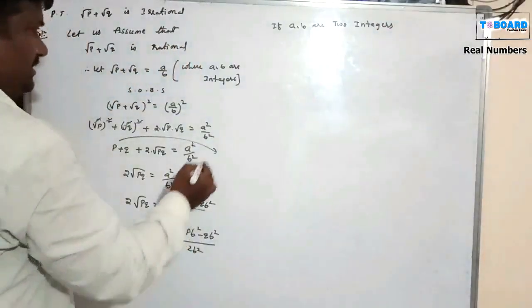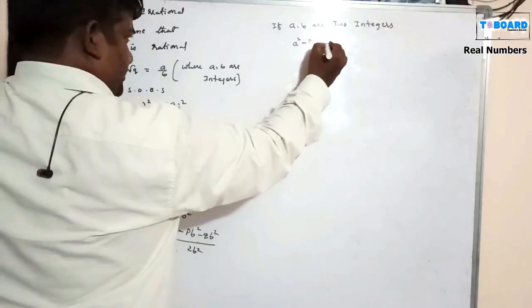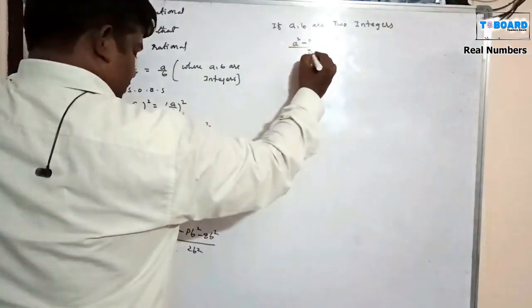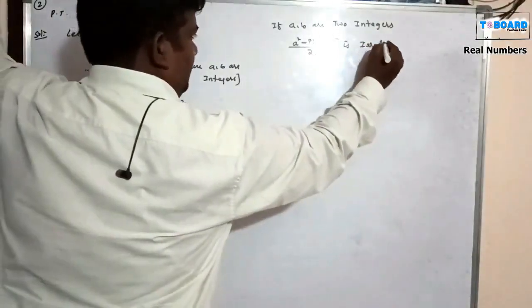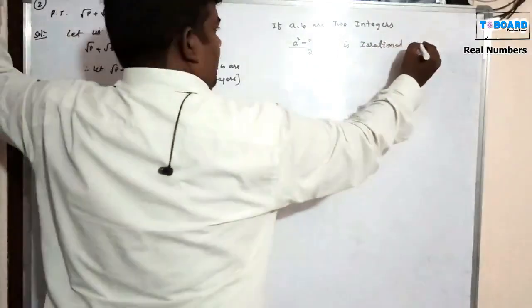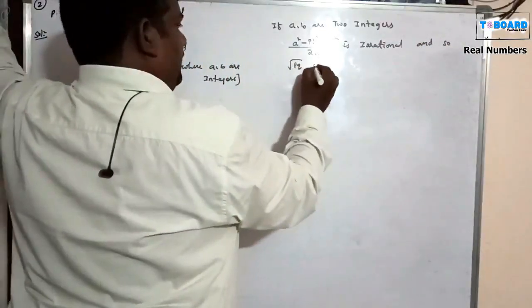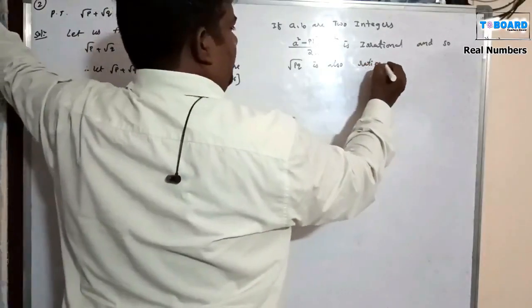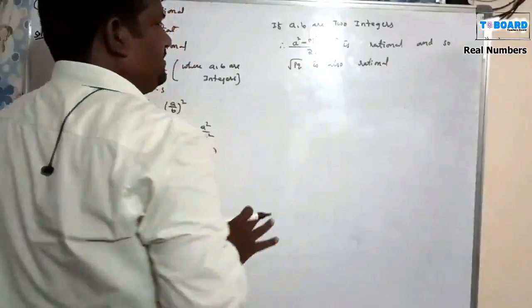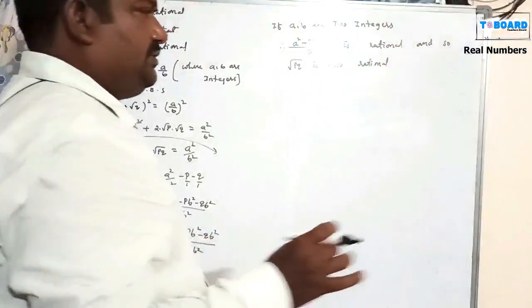Here if a, b are any two integers, the RHS value a square minus p b square minus q b square by 2 b square is rational, and so root pq is also rational.